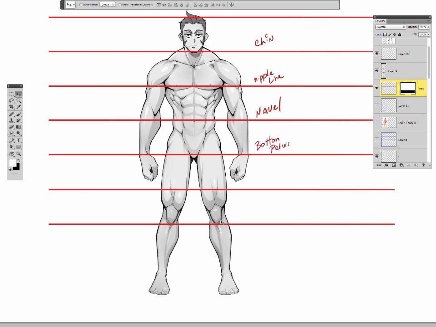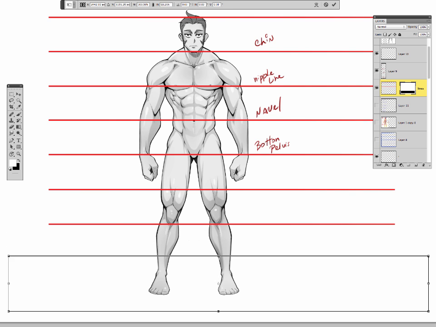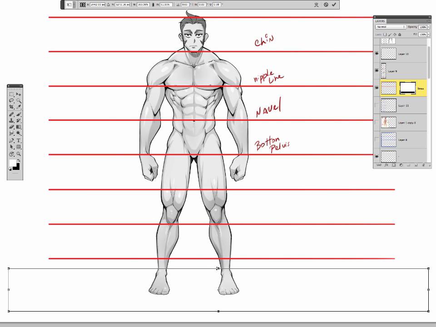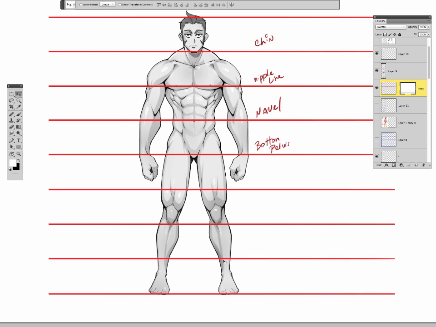Whereas the middle of the thigh is a little bit vague, but if you keep the proportion of the head, you will find it. The next proportion will be very close to the ankles, more like the lower middle of the leg. And the last one, of course, will be the bottom of the feet.